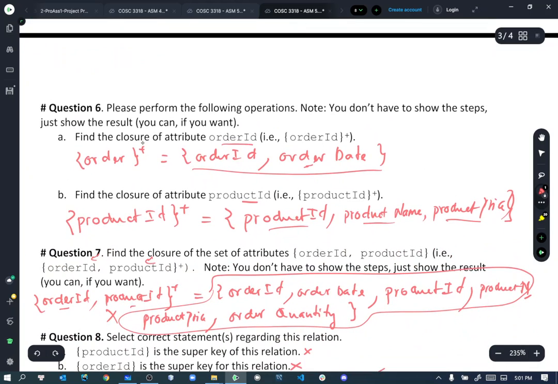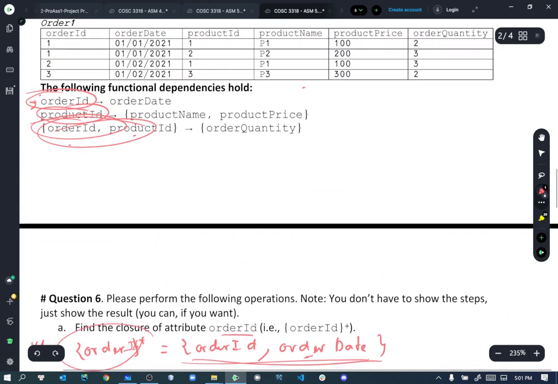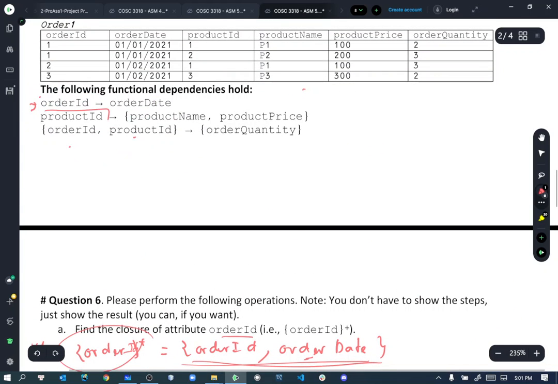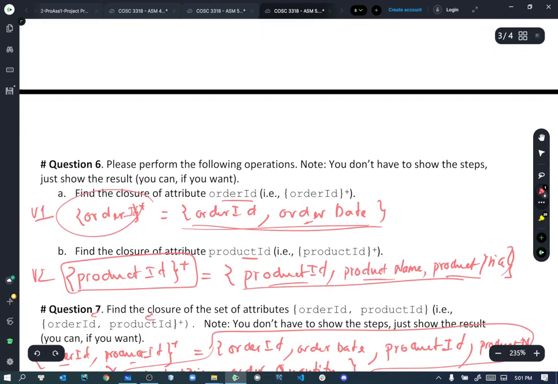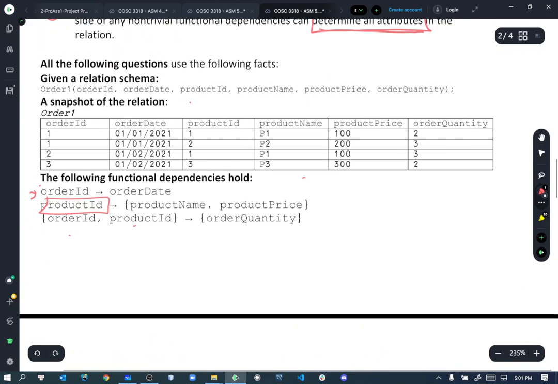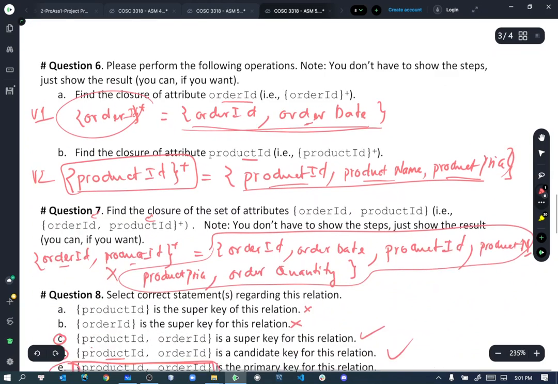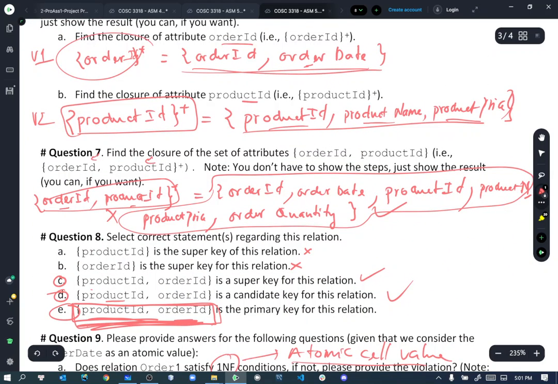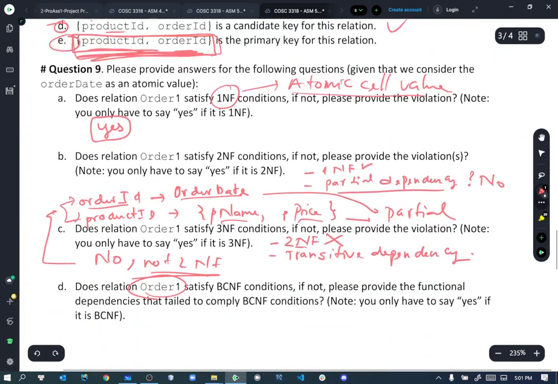You see that the closure of order ID does not include all. So it's the first violation. The second violation is the closure of this left hand side, which includes only this, not all. But the third one, the closure of that does include all attributes, so there is no violation. So there are two violations here.